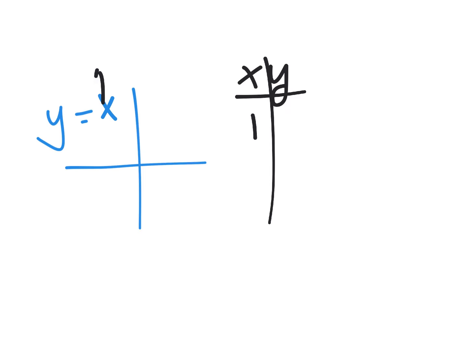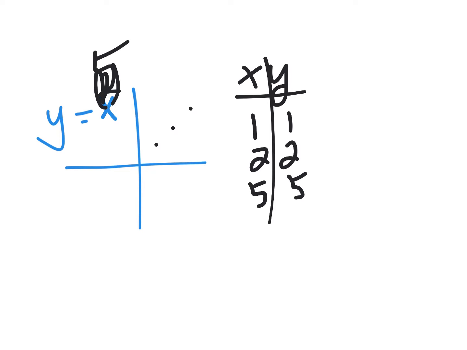I'm going to put a 1 here. What would y have to equal? 1. 2 would go in, and what would y have to equal? 2. And if I put in x is 5, then it would be 5. And I think you're getting the idea. They'd be just like boom, boom, boom. Oh, yeah, it's that line. See how you can make them if you forget them.